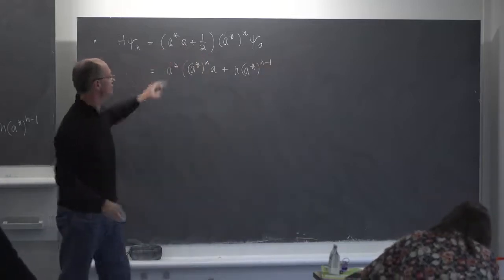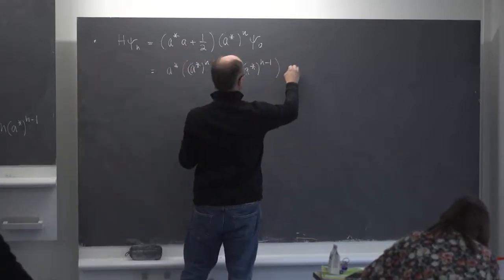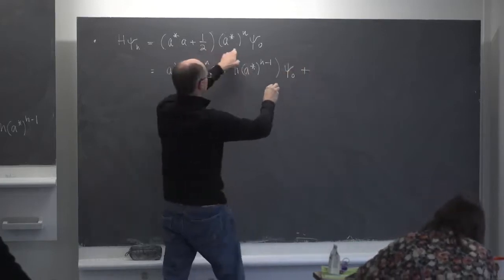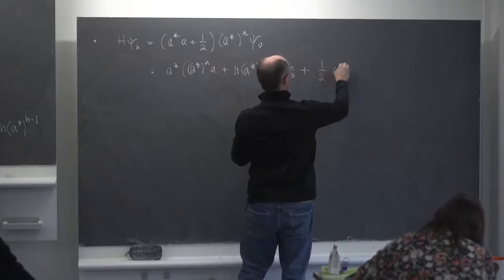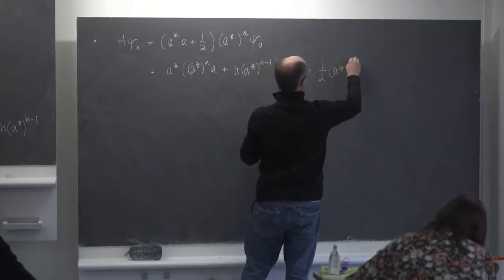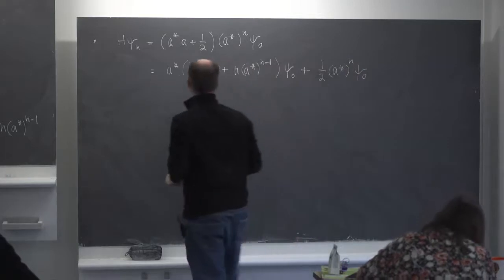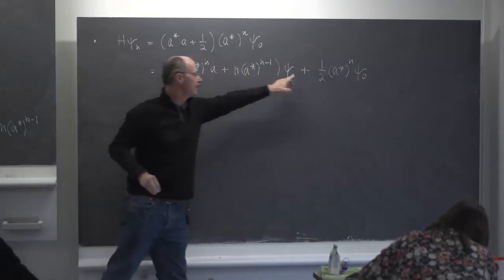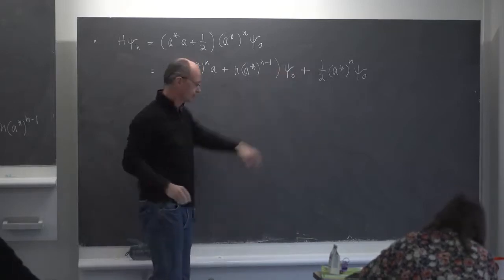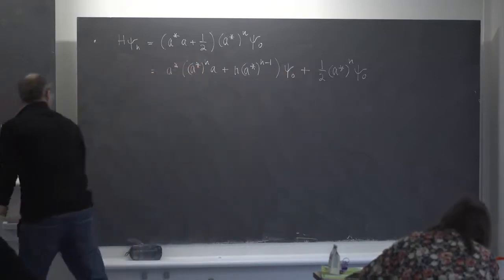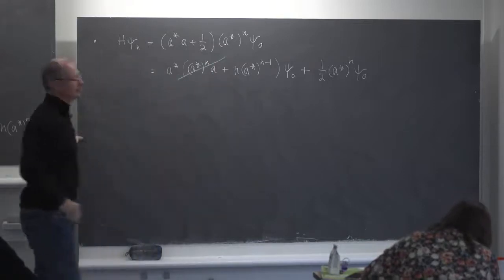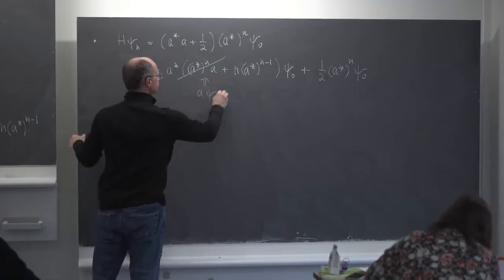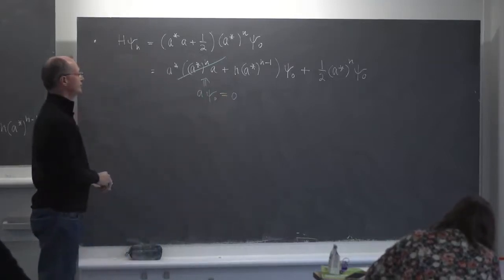So that's a transformation of the first term, acting on psi naught, plus there will be the remaining term 1/2 a star to the n psi naught. Now a kills psi naught, right? So a acting on psi naught is equal to 0. Therefore, the first term is gone.